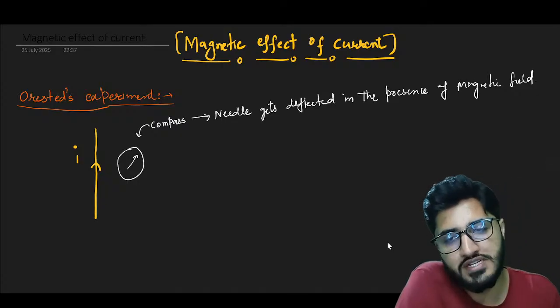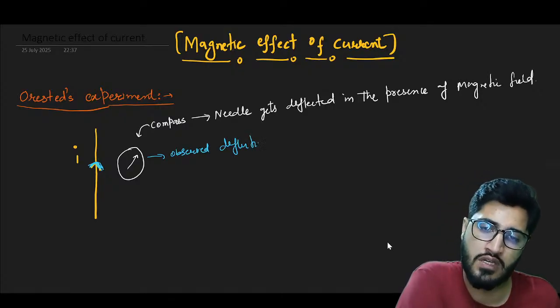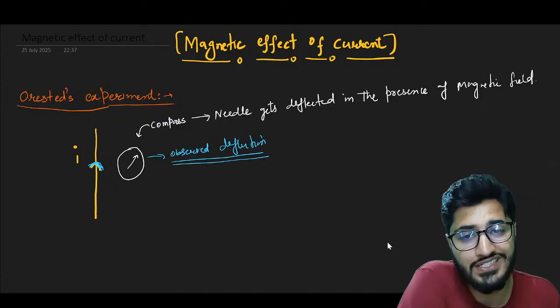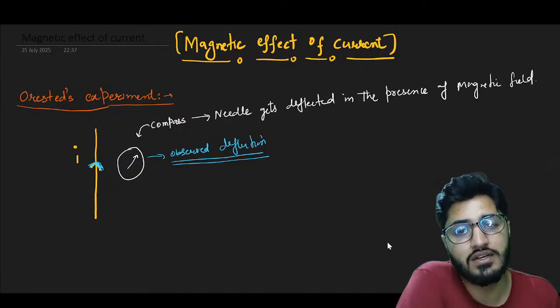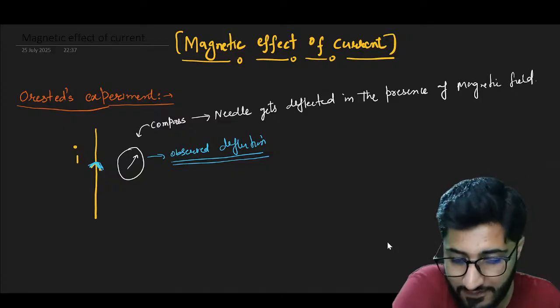So Oersted observed that whenever current flows through this particular wire, we observe deflection. Due to this deflection, Oersted confirmed that whenever current flows in any circuit or wire, around the wire there is a magnetic field.